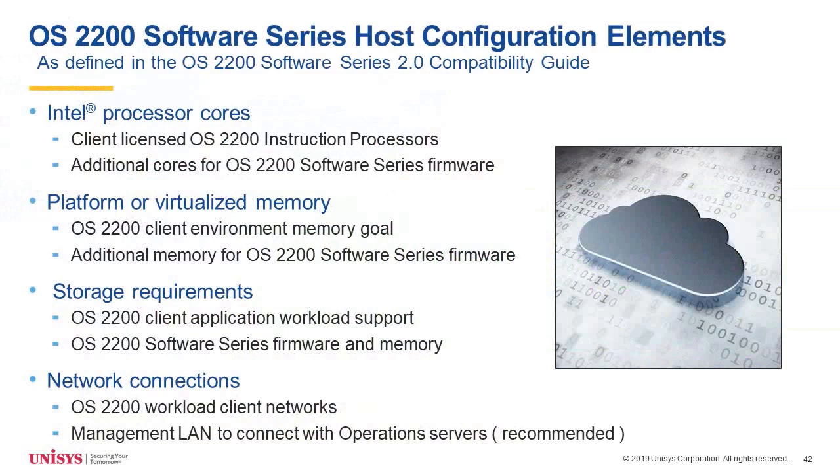So much like the Intel processor cores, you can set up an amount of memory that will be required for the OS 2200. You can actually control that all the way up to 16 gigawords just by the implementation that you've defined for the software series. And additional memory, of course, will be needed for the firmware itself.